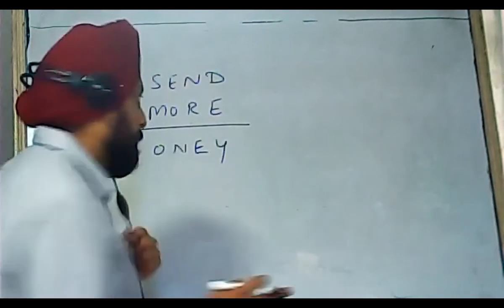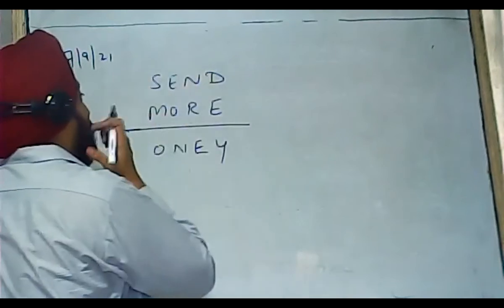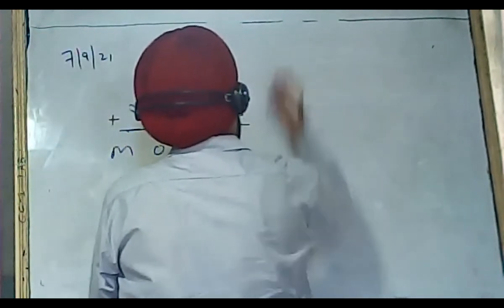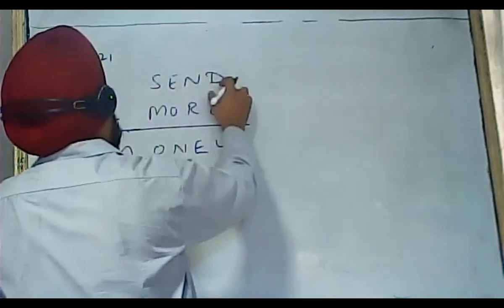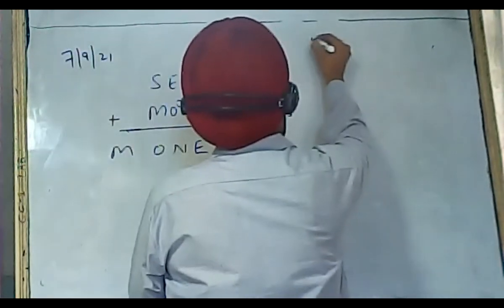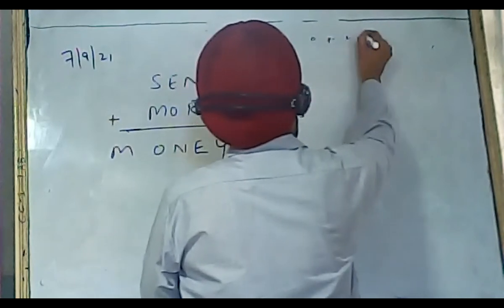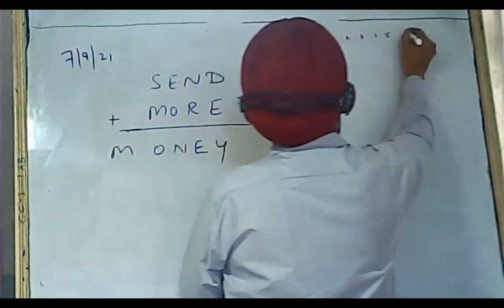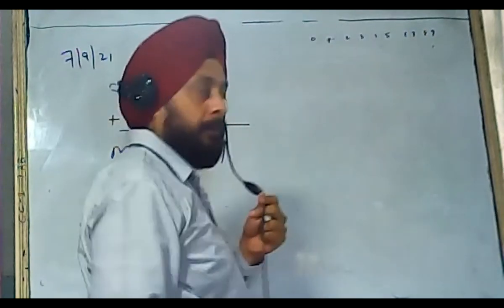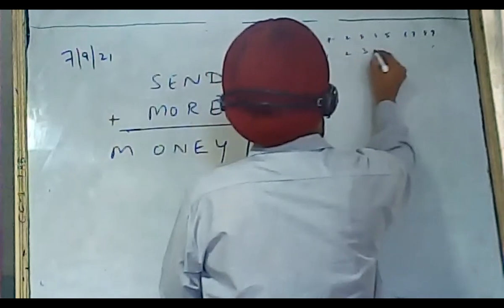The simple way of doing it is the way I will just solve for you. You just notice, write all these alphabets one by one. So it is S, E, N, D, M, O, R. So you write first of all 0, 1, 2, 3, 4, 5, 6, 7, 8, 9.